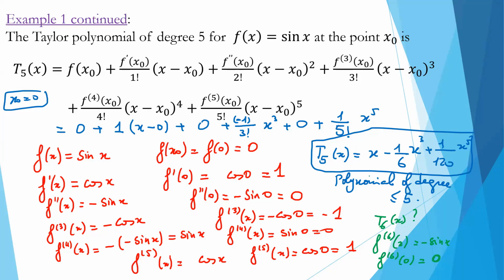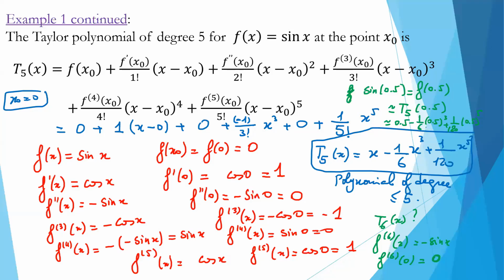But our original aim is to calculate an approximation of sine 0.5. So sine 0.5 is f of 0.5, and the value of f of 0.5 is approximately equal to T5 of 0.5. So it's 0.5 minus 1 over 6 times 0.5 cubed plus 1 over 120 times 0.5 to the power 5.